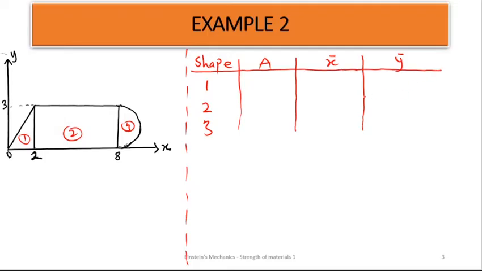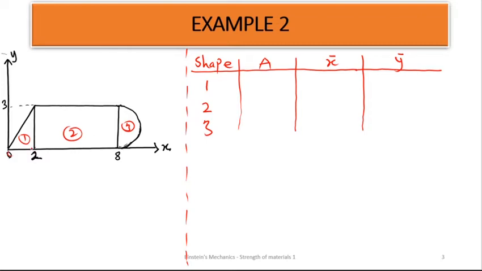So like this. So from the numbering, this is from 0 to 2 to 8 there. Are we okay? And the rest we can obtain from, and the height is also giving us what? 3. So let's see, from shape 1, what is our area?